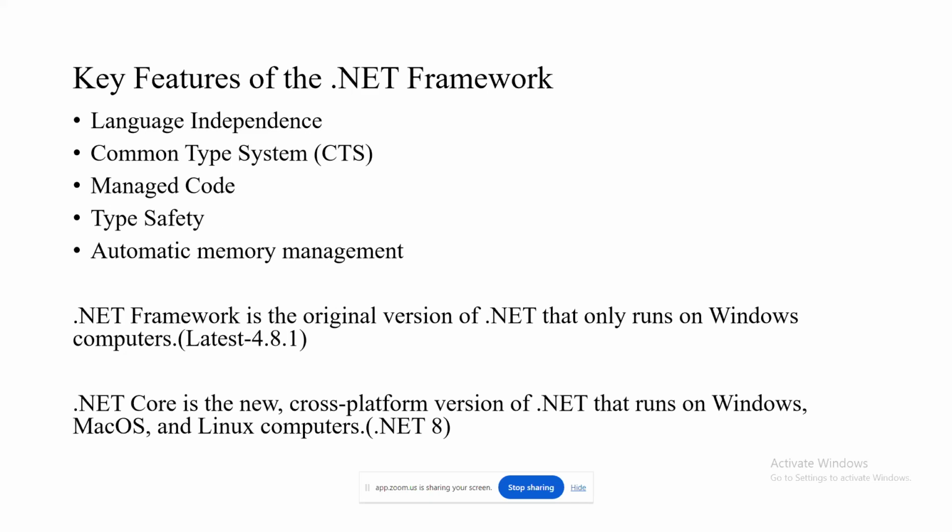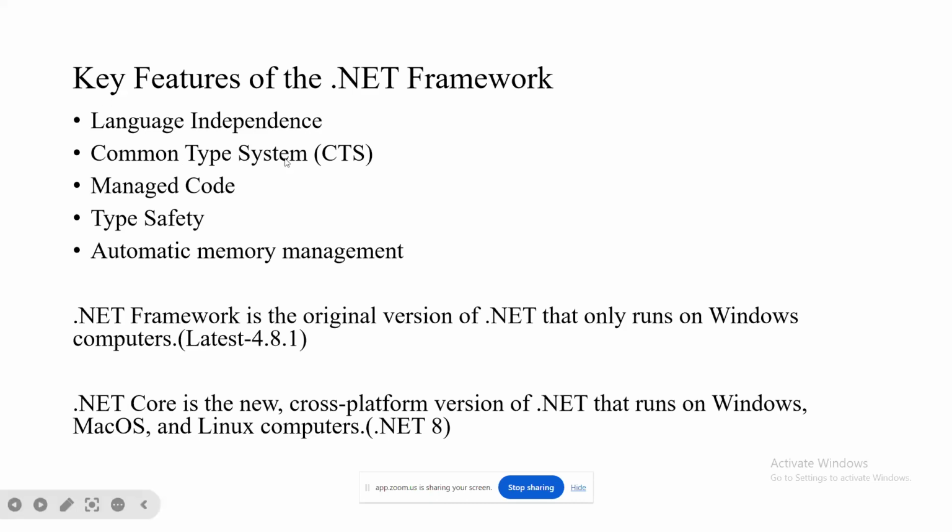Language independence means the .NET framework promotes language independence, allowing developers to use multiple programming languages within the same application. Multiple programming languages means the .NET framework supports many languages like C#, F#, Visual Basic (VB), etc. It helps with flexibility and collaboration.